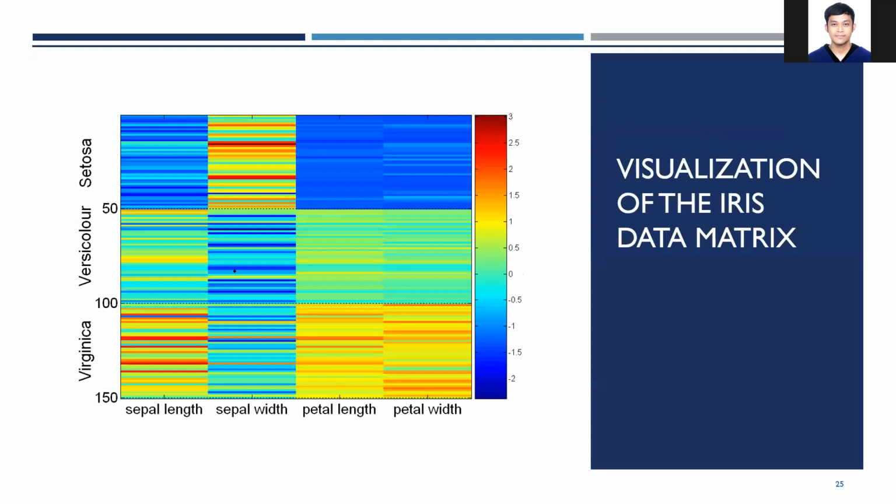This is the iris dataset, and these are the attributes for each. This is the class. So for class Virginica, for example, the sepal length, this is from the data that we can get from here.